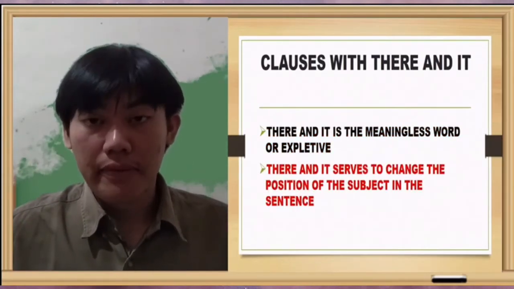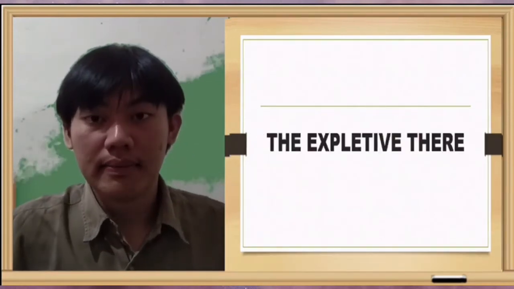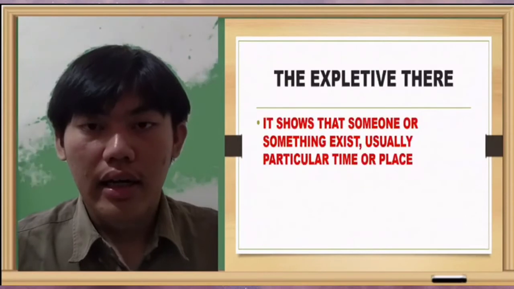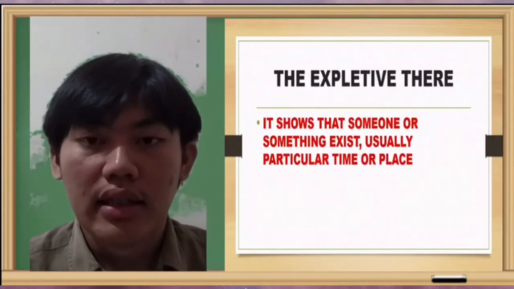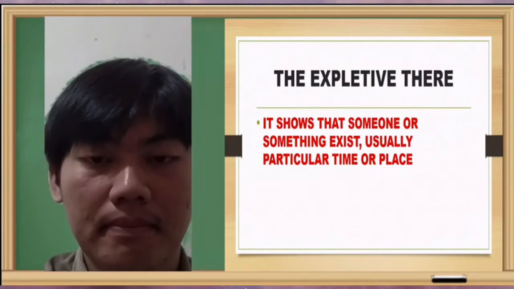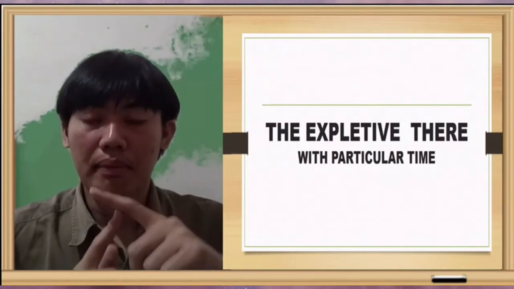There and it serve to change the position of the subject in the sentence. The expletive there shows that someone or something exists, usually at a particular time or place. The expletive there with particular time.